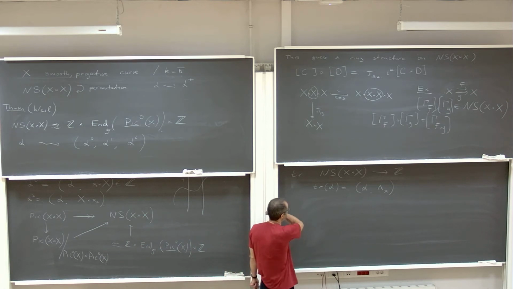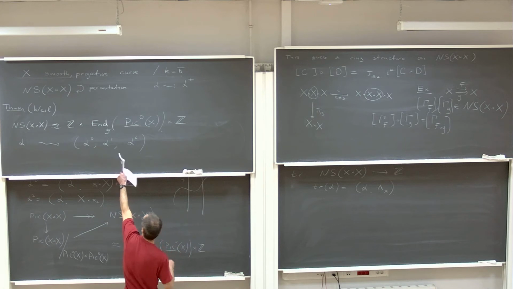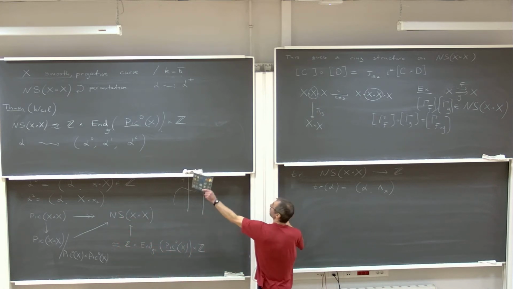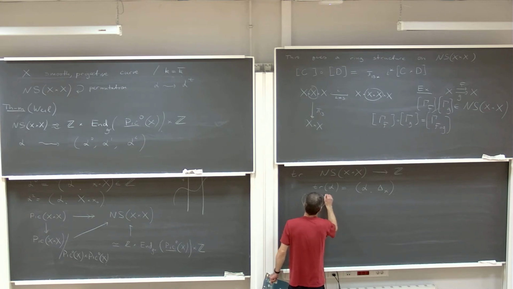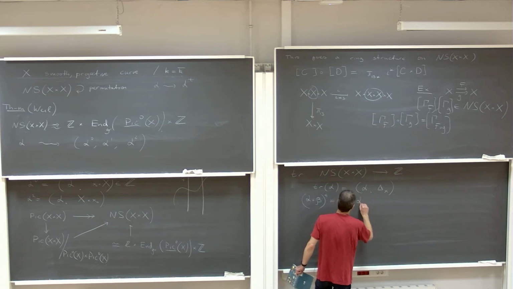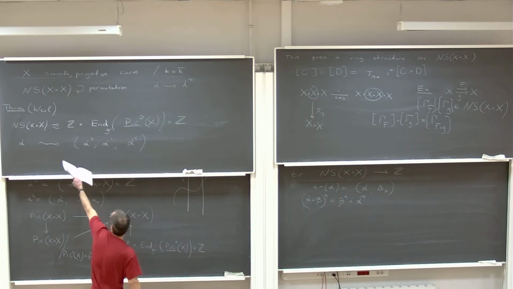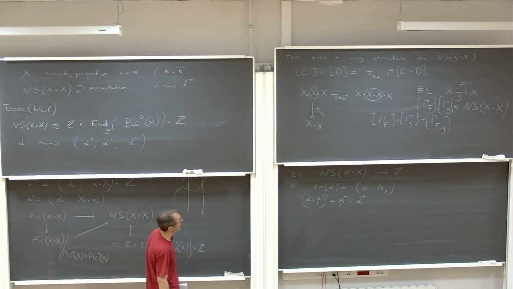And we also have this involution. This involution has the property that alpha composed with beta, transposed, is equal to beta transpose composed with alpha transpose. Again, this transposition is given by permutation of factors here.